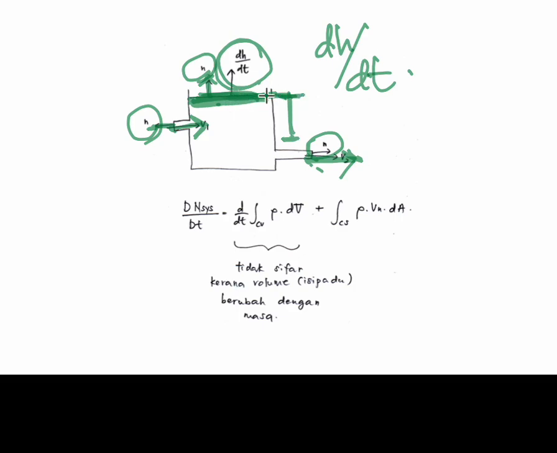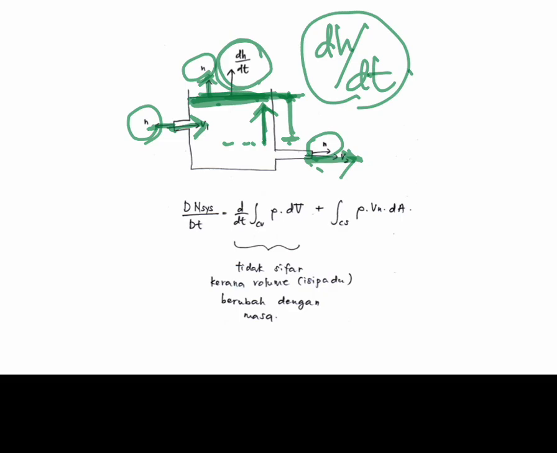The water surface is moving from h1 to h2 in a certain time, so the speed here is actually dh dt.